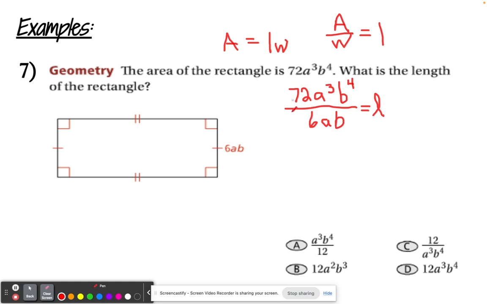Okay, let's simplify my numbers first. I can divide these both by 6, and I'll end up with 12. When I divide, I subtract, remember. So a to the third over a, this is to the first. 3 minus 1 will give me a to the second.